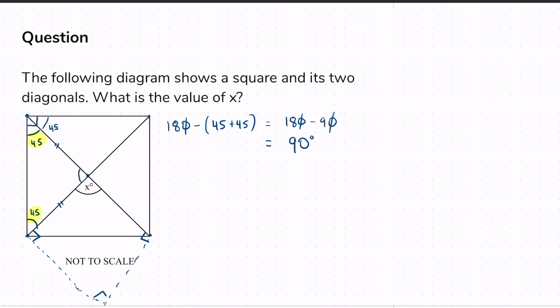And as we know, the angles in a quadrilateral sum to 360. So if we've got a four-sided quadrilateral, each angle will equal 360 divided by 4, the number of sides, again coming to 90 degrees.